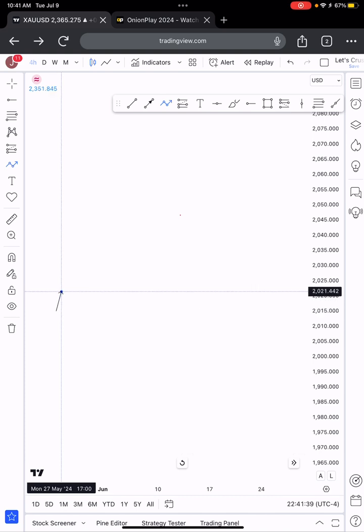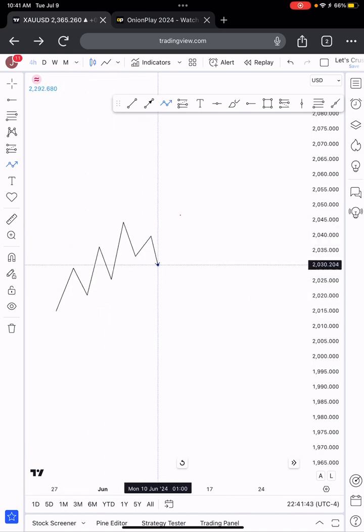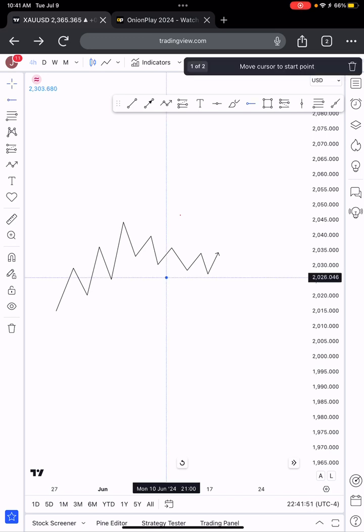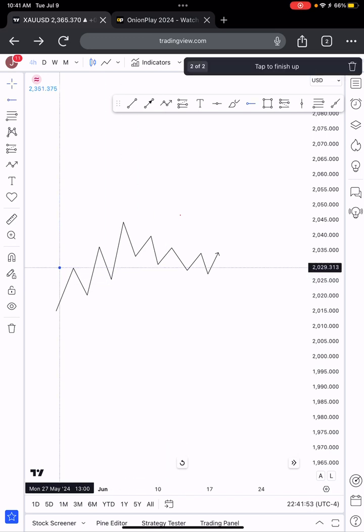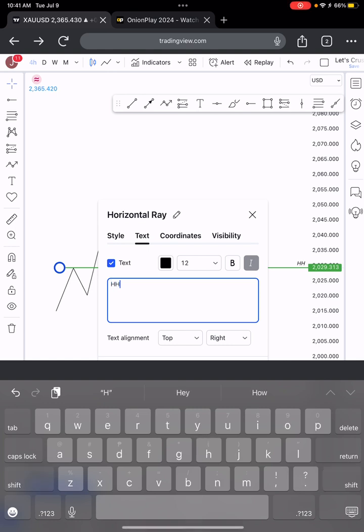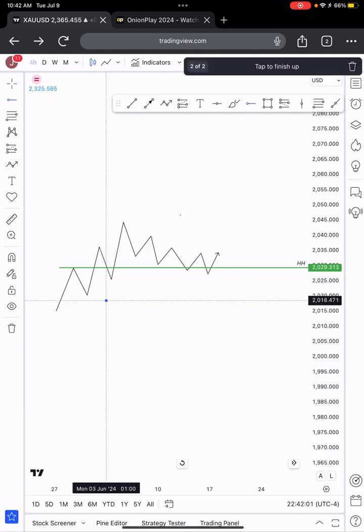So let's just say, okay. So again, we'll start from here. This is the higher high, right? And then this is the higher low.